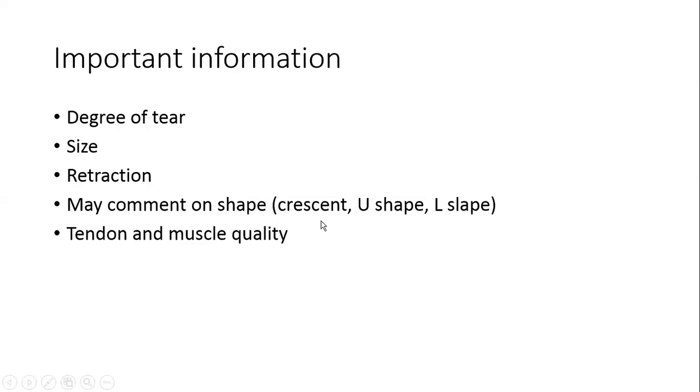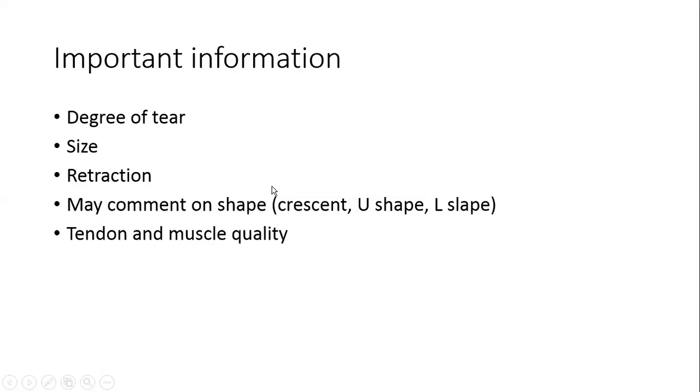So they can define it by its shape, like crescent, U shape, L shape. So I'm going to cover this more in the upcoming module, which is after module A and 2A and 2B in the mentorship fellowship.